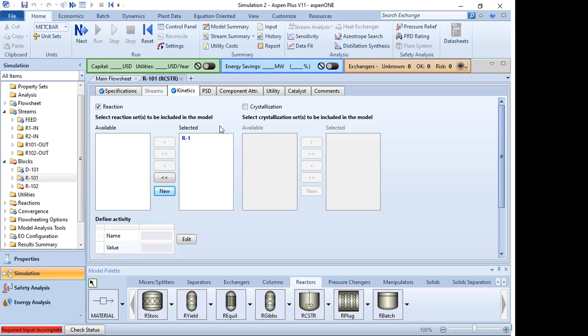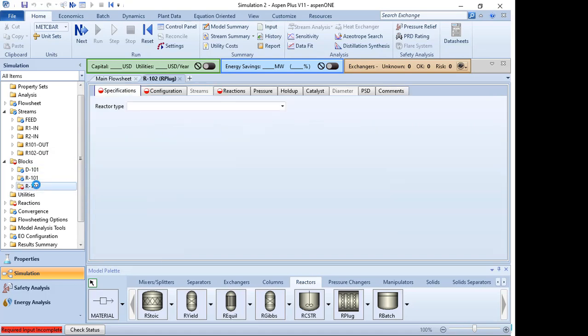See, here it is quite different from the previous simulation, which used RStoic and also RGibbs. The kinetics here are only shown with the symbol R1, but you have to specify the reaction in a different block. So first, before we enter the information for R1, we go to the specification of the plug flow reactor.